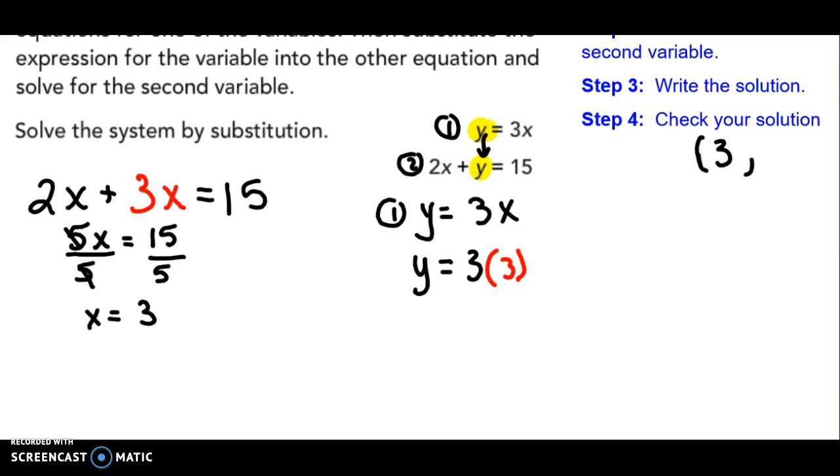That's what x was, so I'm letting x equal 3. And I can solve for y now. So I have y equals 3 times 3 is 9. So I just found the other portion of my ordered pair. So when it says solve the system by substitution, the solution to this system is (3, 9).